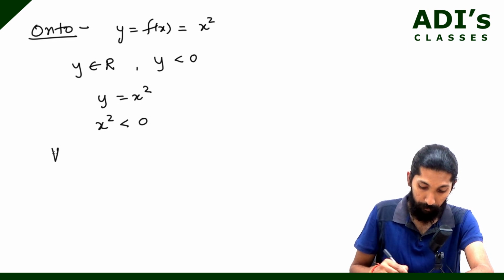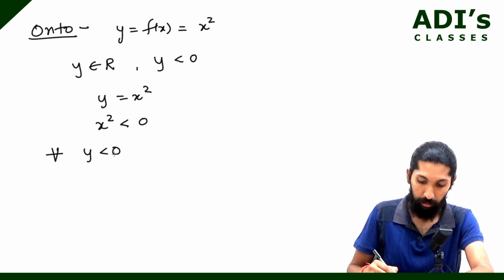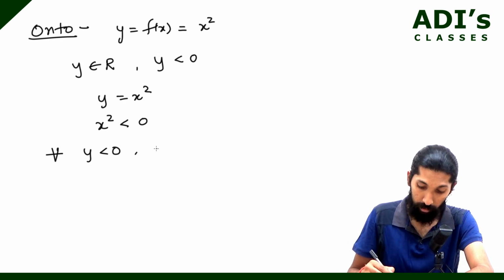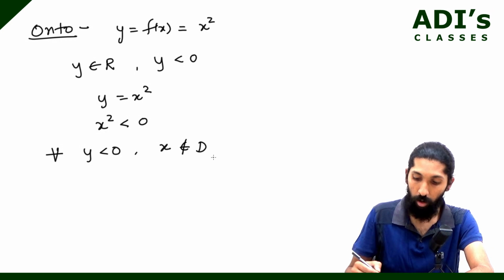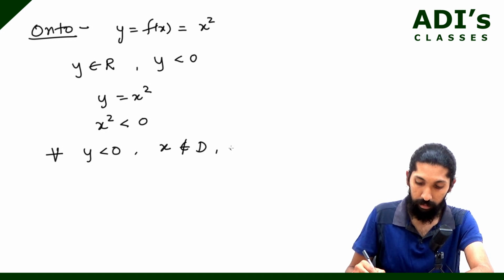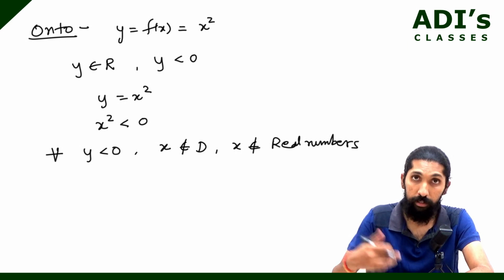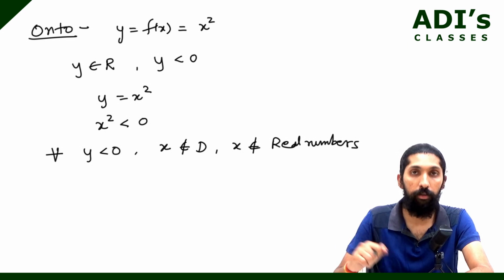For all y less than 0, the x value does not belong to the domain, or you can also say the x value does not belong to the set of real numbers, isn't it? My domain is nothing but the set of all real numbers.